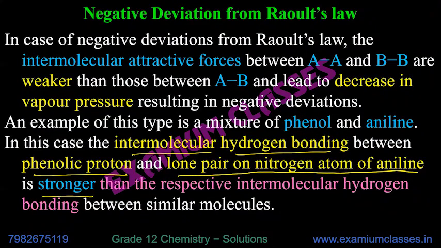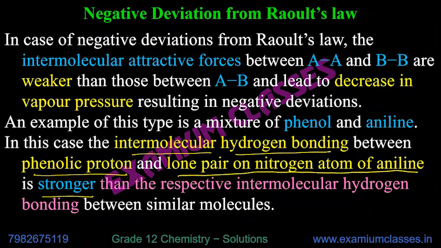So basically, the extent of hydrogen bonding is more. Strong hydrogen bonding takes place now. The reason is the phenolic proton and the lone pair on the nitrogen have very high interaction.